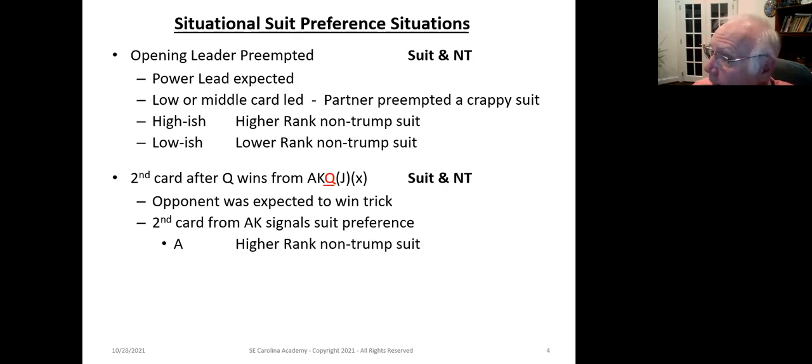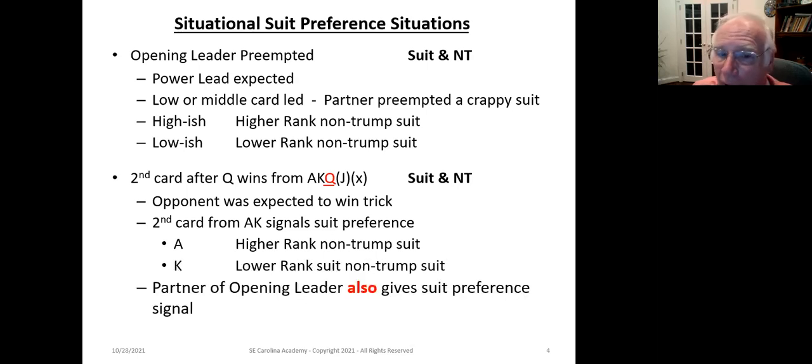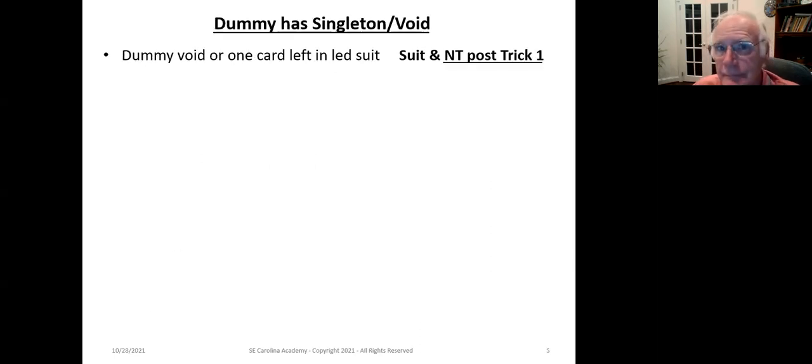You will know that that gives you the opportunity of also making a suit preference signal by playing a highish card on the second trick or a lowish card on the second trick. So it's a perfect opportunity for both of you to be telling each other what suit you would like to have led to you.